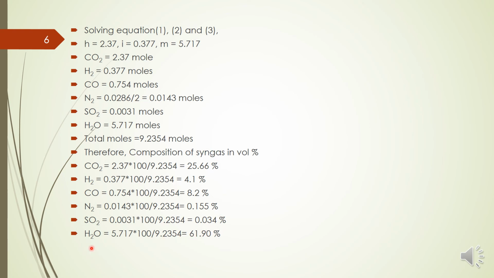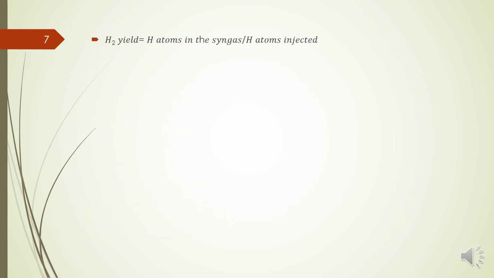So you can see here that the majority is water vapor, and we have a very small quantity of hydrogen and carbon monoxide. So that means, why this hydrogen yield also we can calculate: that is hydrogen atom in syngas divided by hydrogen atom injected. Hydrogen atom in the syngas is 0.754.